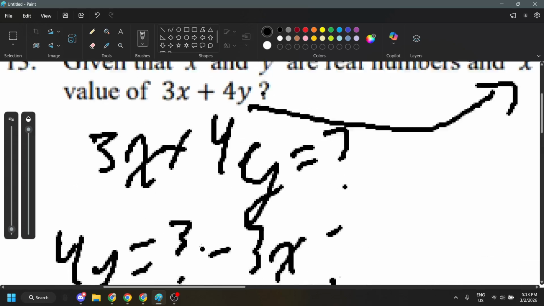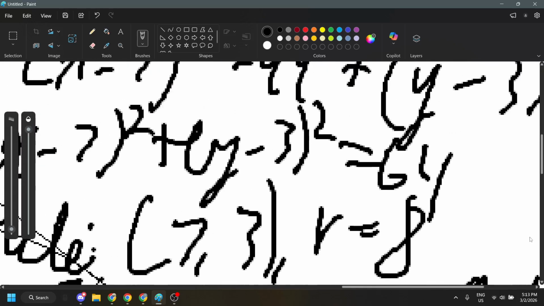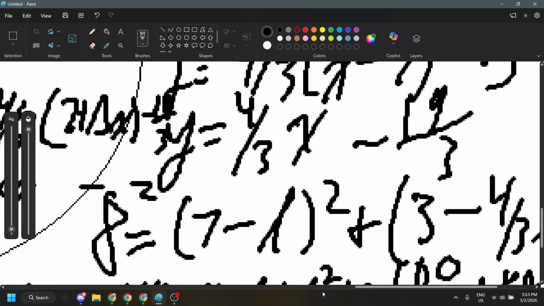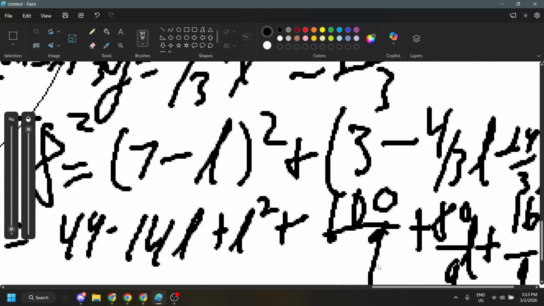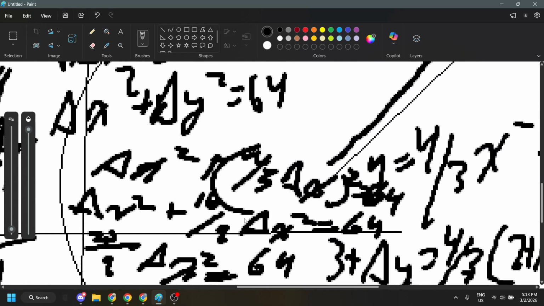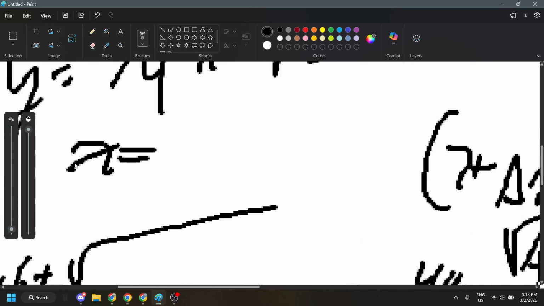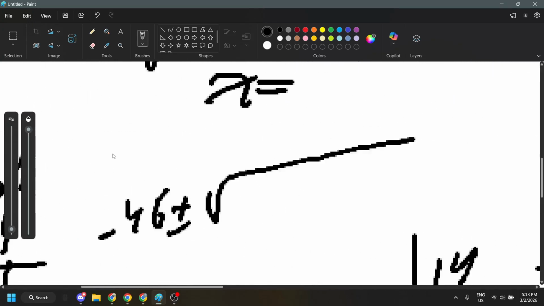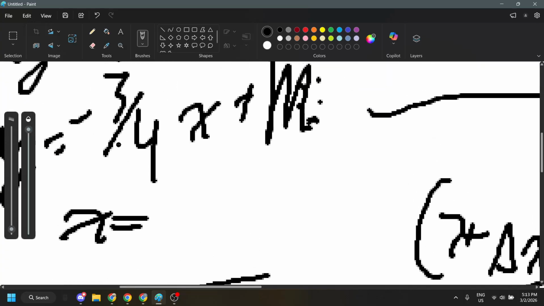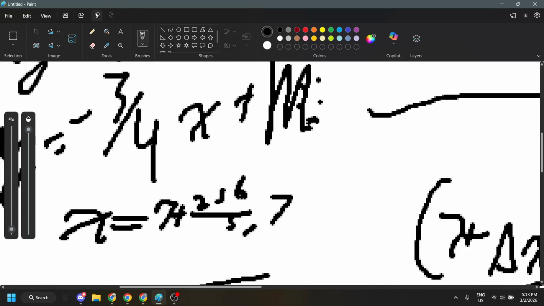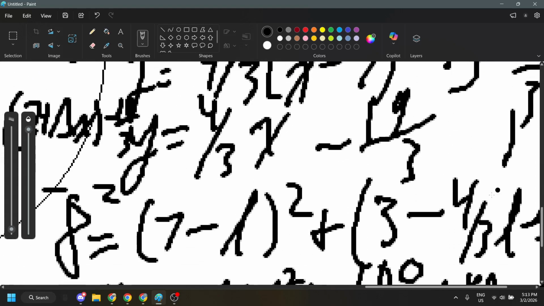X is equal to 7 plus 256 over 5, and y is equal to 3 plus delta y.